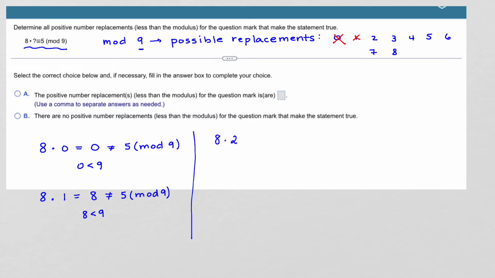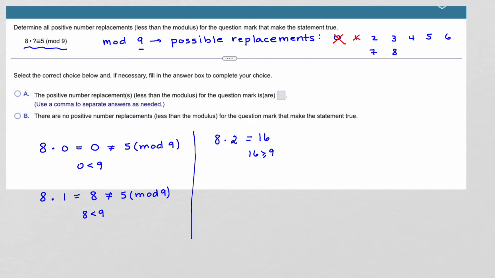8 times 2 is 16. Now 16 is greater than 9. So I want to check to see if my number is greater than or equal to 9. 16 is greater than 9, so we do need to convert this to a mod 9 number. There's a couple of ways to do this.